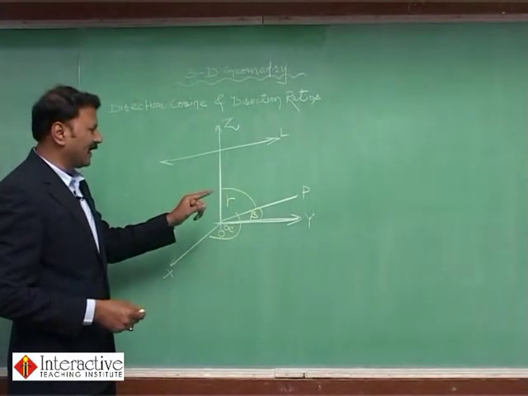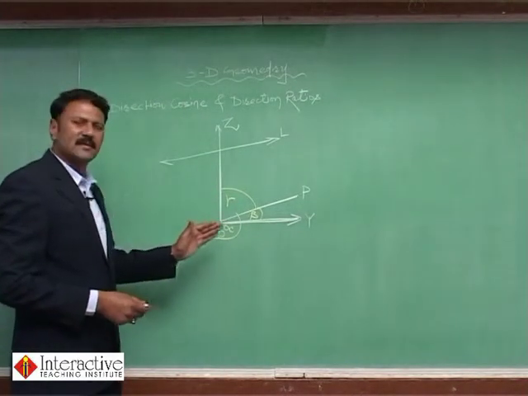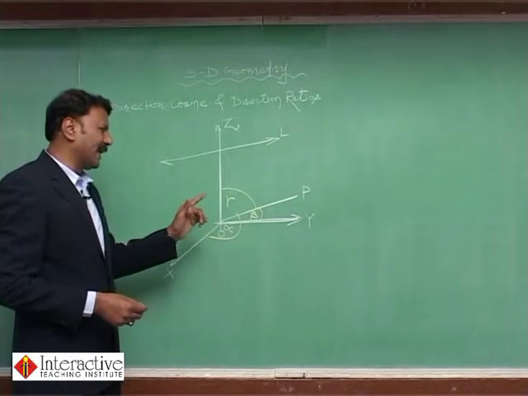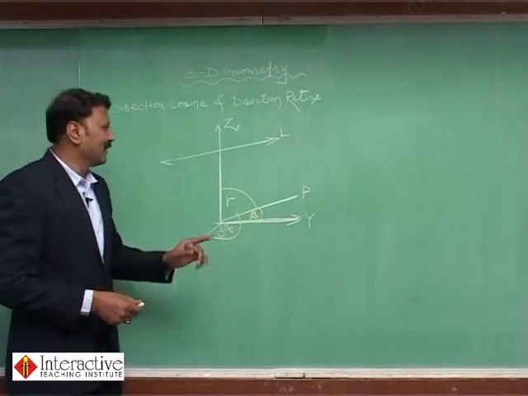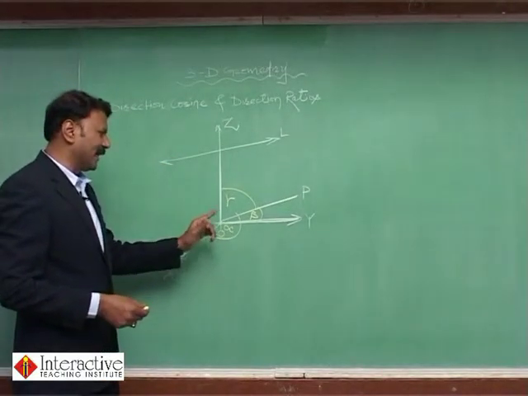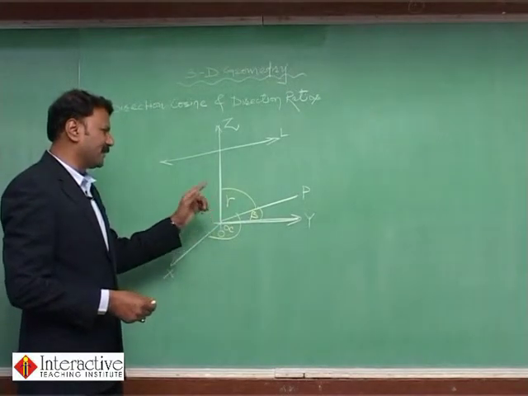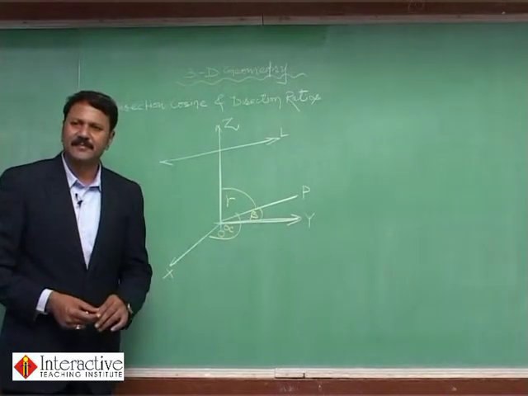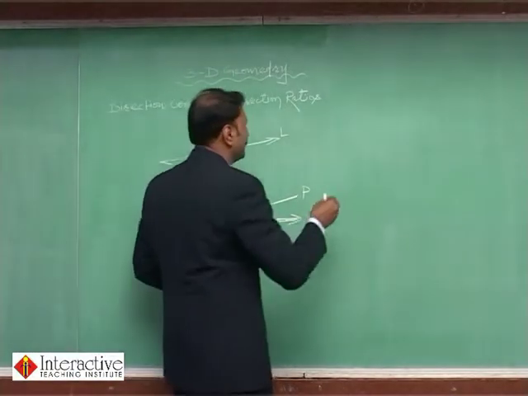Because line L and line OP are parallel, they will be making the same angles with x, y and z axis. So, now I can say that line L is making angles alpha, beta and gamma with positive directions of x, y and z axis.